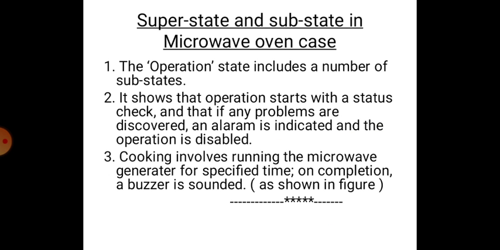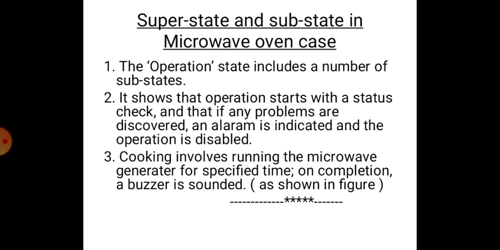Superstate and substate for a microwave oven case: the operation state includes a number of substates. All this I'll be adding to the PDF file. You can write down from there.